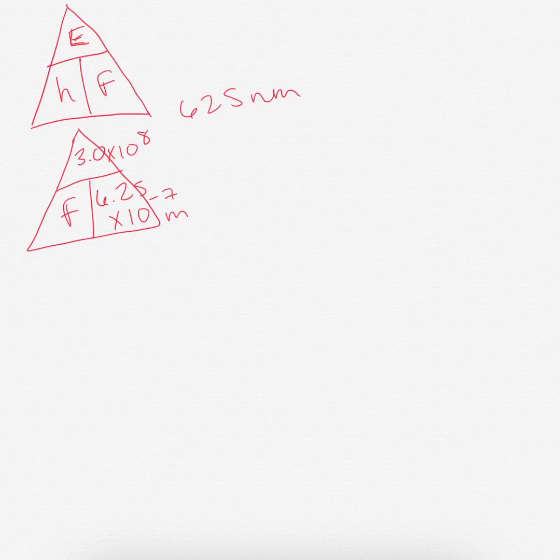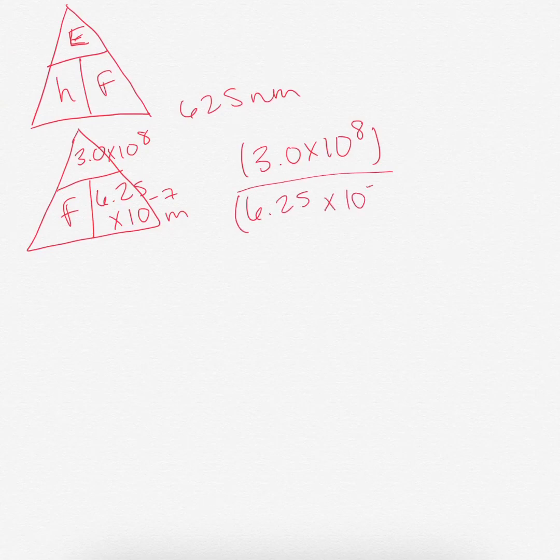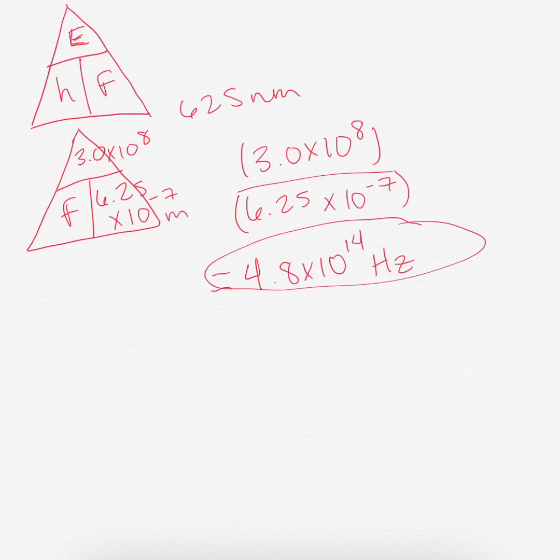That would be meters. Anytime it's in meters, it's going to have that 10 to the negative 7. So my first step would be to divide these. Once you divide those, you should get something like this. That's frequency, so it would be in hertz.